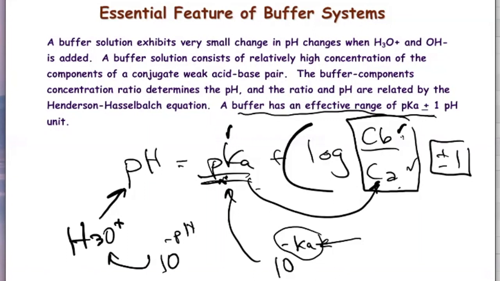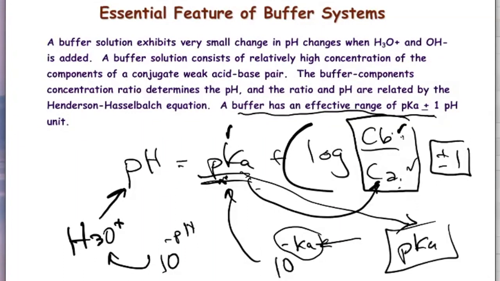So if you want to find chemicals that are going to be good buffers, you need to find the acid and its conjugate pair, and you want to find the pKa of that particular chemical. If you're shooting for a pH of about 5, then your buffer range is going to be between 4 and 6. If you're shooting for a pH of 10, then your buffer range will be 9 and 11.